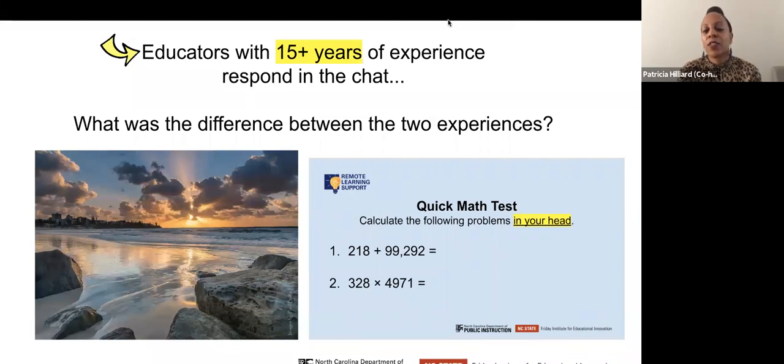What was the difference you experienced between the first and second test? Easy and hard. What were some other differences that you noticed between the first and the second one? Stress levels, I'm guessing that they decreased, relaxing versus stressful, easy than hard, the complexities of it, they are flying in from our veteran educators. We'll take a couple of more. Multiple steps, simple to complex, absolutely.